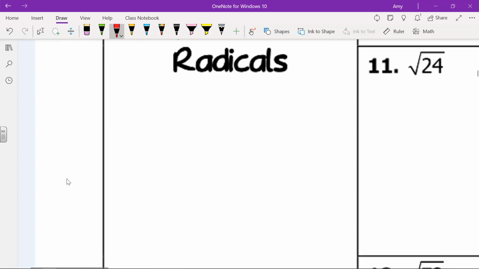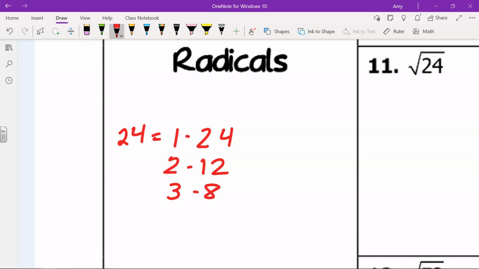So for example, if I look at 24, 24 is equal to 1 times 24, or 2 times 12, or 3 times 8, or 4 times 6. These are all of our factors.